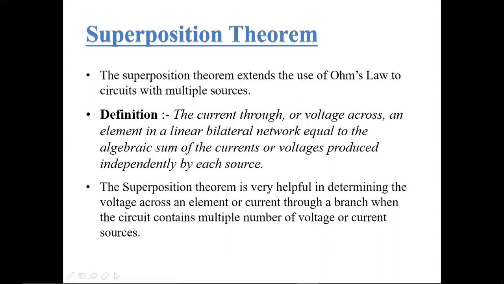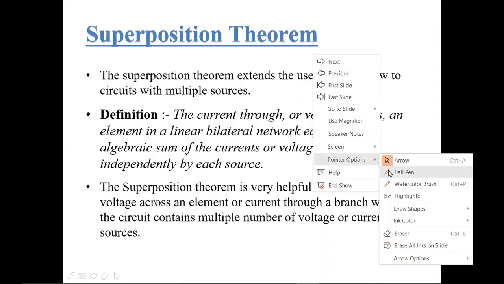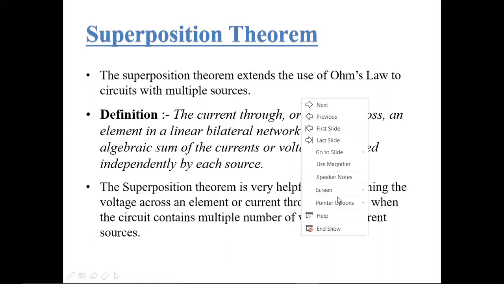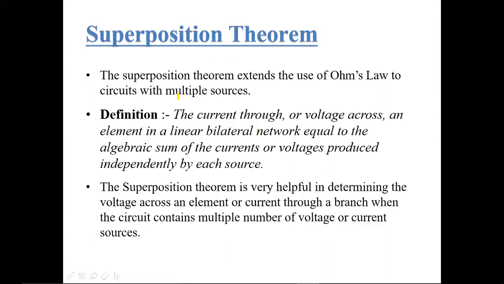The superposition theorem extends the use of Ohm's law to circuits with multiple sources. So wherever multiple sources are there, you can use this. Let me add my pointer. Wherever there are multiple sources, meaning multiple voltage sources, or multiple current sources, or mixed multiple sources, voltage and current sources, we can use this superposition theorem.